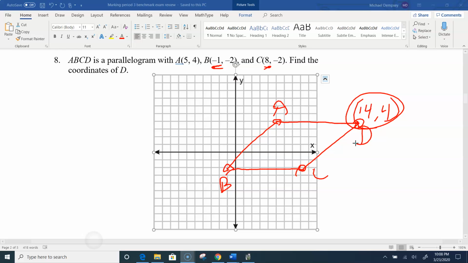Right? So both of these have a length of 9. BC, from B to C, is a length of 9, and then from A to D would also be a length of 9, because we have 5 as our first x-coordinate, plus 9 would put us at 14. Okay.